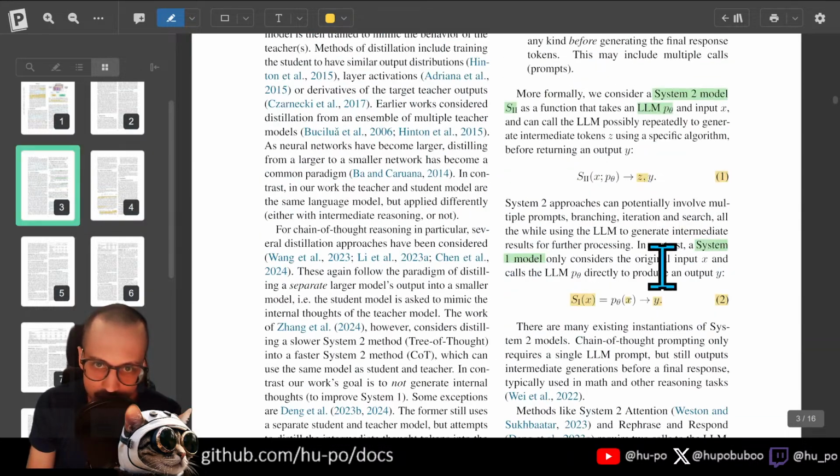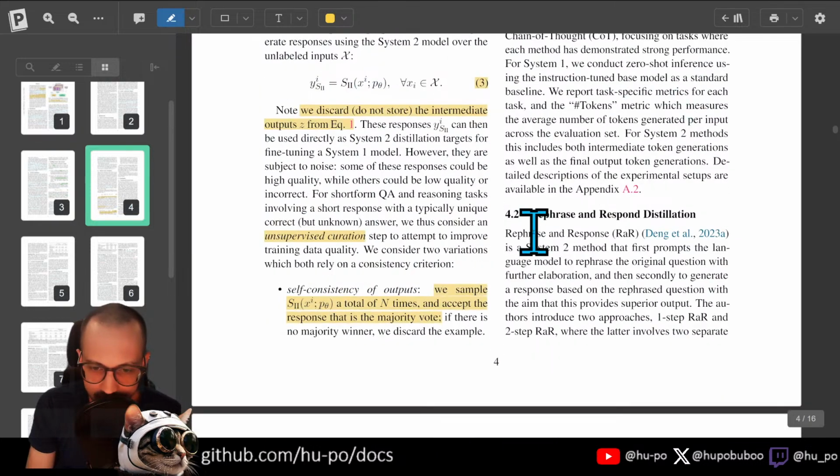After you've generated a bunch of internal chain of thought intermediate tokens Z, you can run this 100 times and you're going to have a bunch of different Z's and a bunch of different Y's. Then you can see which of these Y's appear most, and that's probably the one that you want to use. So you can evaluate the quality of synthetic data via simple ideas such as just majority voting.